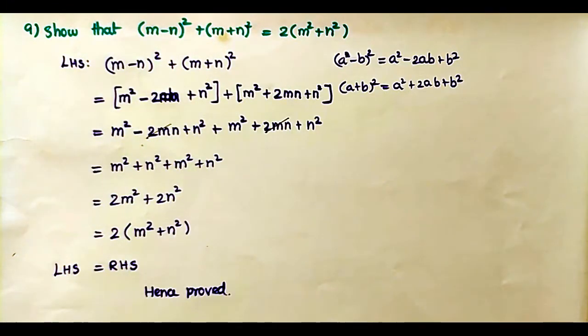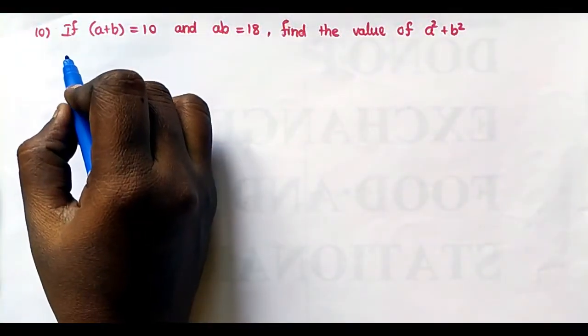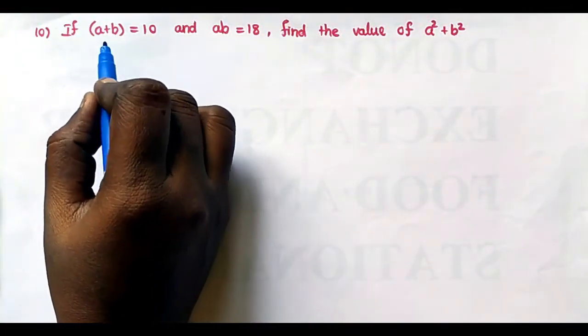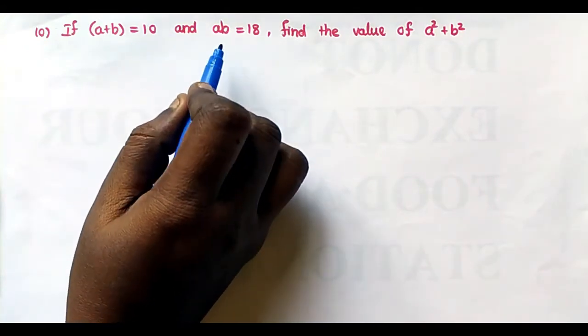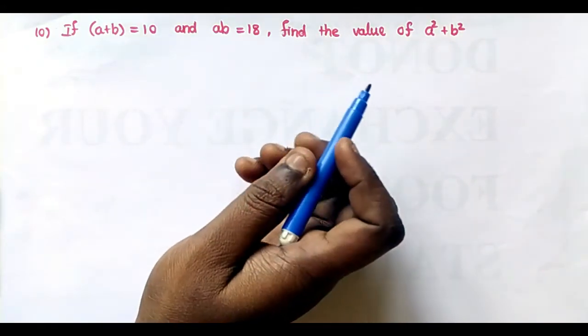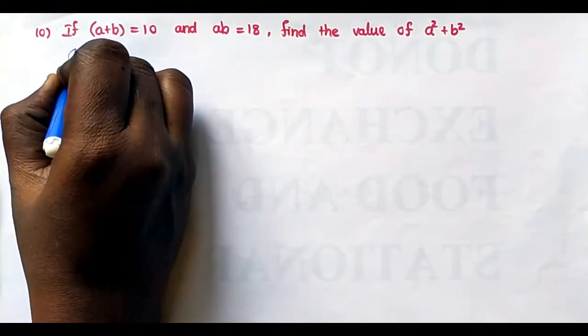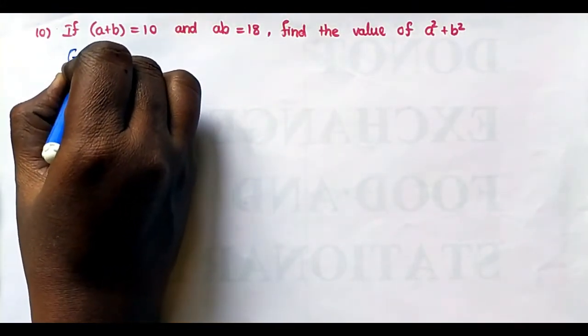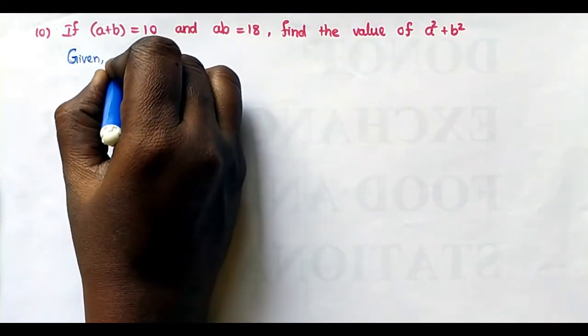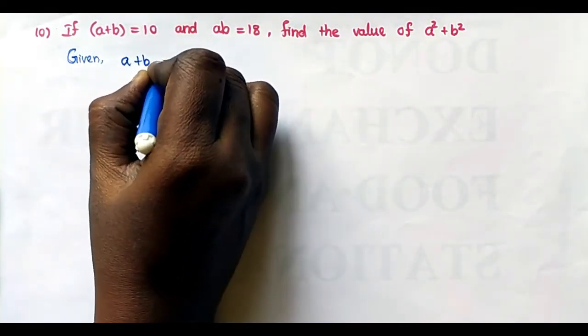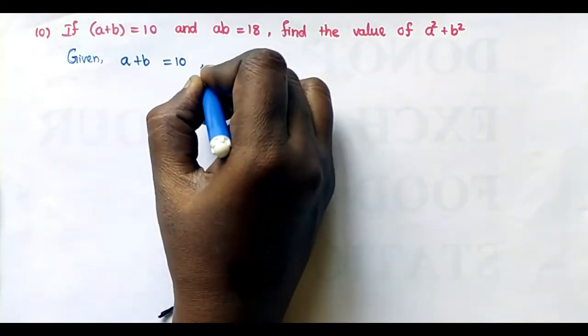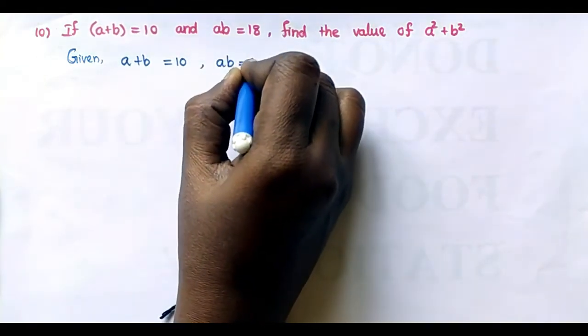That is the answer. 10th sum. If a plus b equal to 10 and ab equal to 18, find the value of a squared plus b squared. Listen, given the values: a plus b equal to 10 and ab equal to 18.